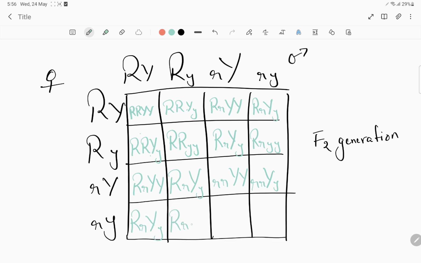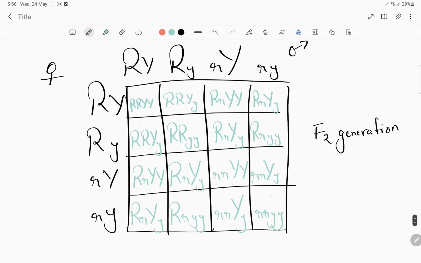Capital R, small r, small y, small y. Small r, small r, capital Y, small y. Small r, small r, small y, small y. This is the only one that is both homozygous recessive.